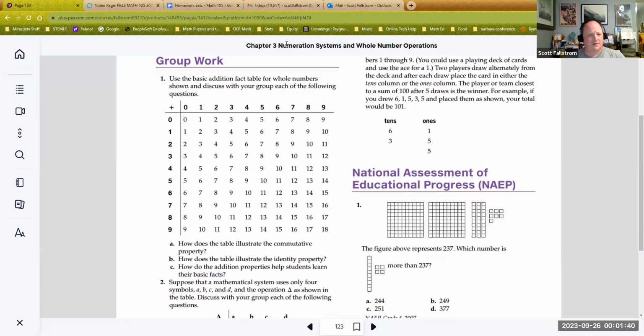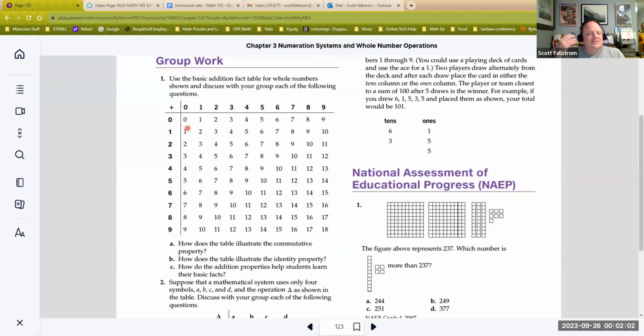Let me grab my annotate tool. Take a look here. If I take any number, can I do this operation with one of the numbers in the top and end up with exactly the same thing I started with? Probably most of you are thinking, you add 0 and you get back what you started with.